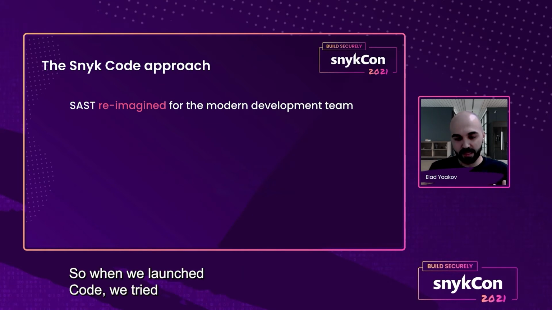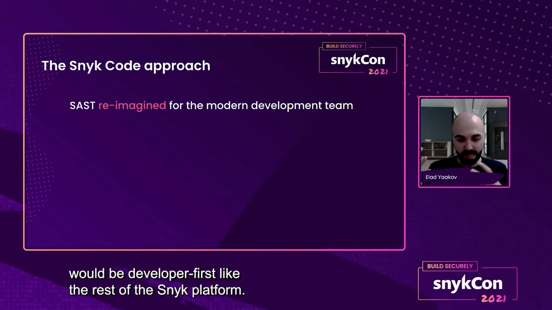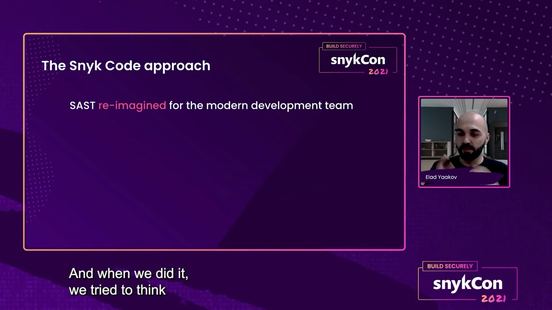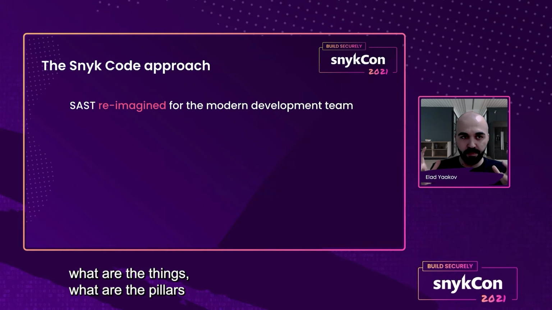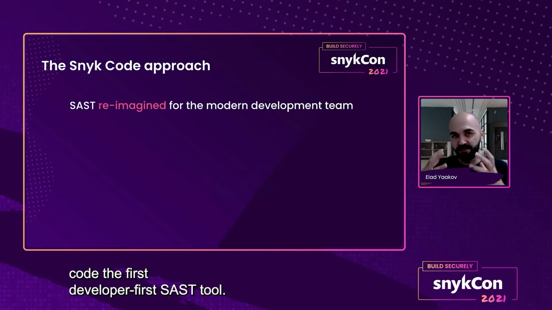So when we launched Code, we tried to reimagine SAST and imagine a tool that would be developer first, like the rest of the Snyk platform. And when we did it, we tried to think what are the pillars that we want to have that will make Code the first developer first SAST tool.